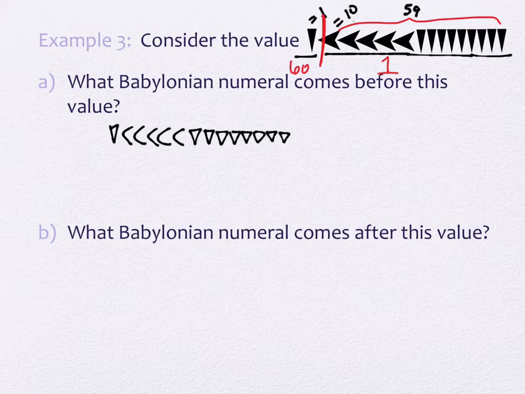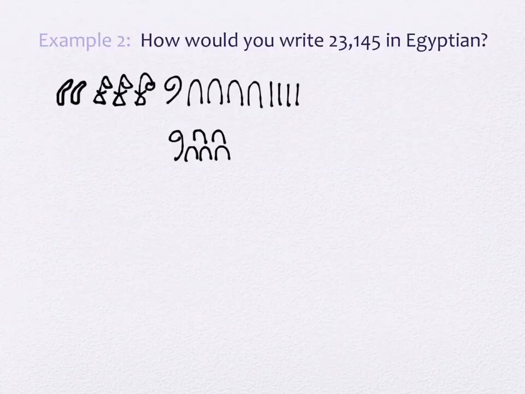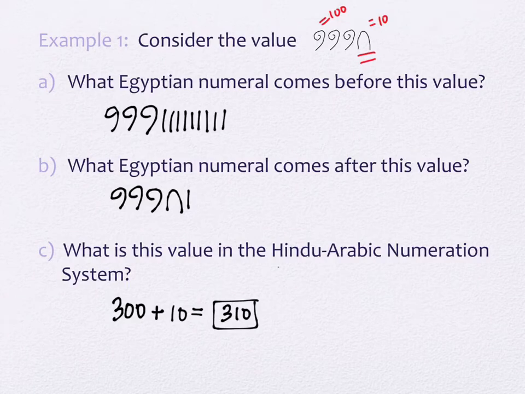So in all of these, I'm always asking you questions of what comes before, what comes after. And one of them is always a little bit awkward. So when we did the Egyptians, the awkward one was the one that was what comes before. Because we had to take a heel bone and break it into 10 vertical staffs and then take a vertical staff away. We had to regroup is what we really did.